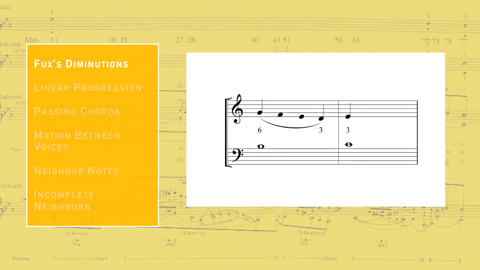We've seen diminutions for an interval of a third and here a fourth, but diminutions can also be formed to fill in consonant skips of a fifth, a sixth, or an octave, or they can be used to connect the tones of an arpeggiation.